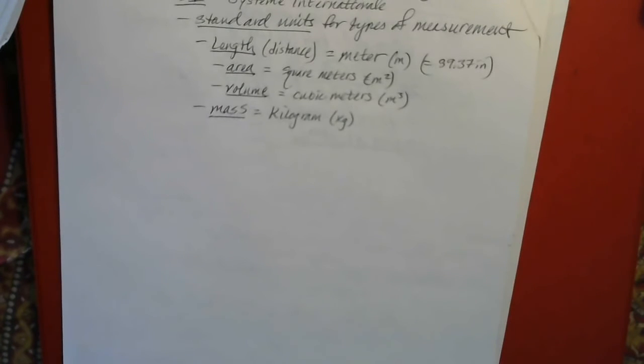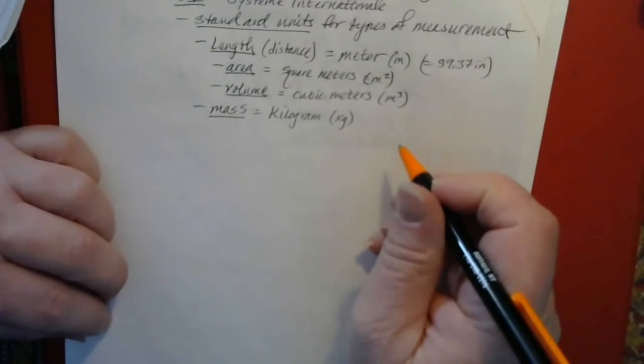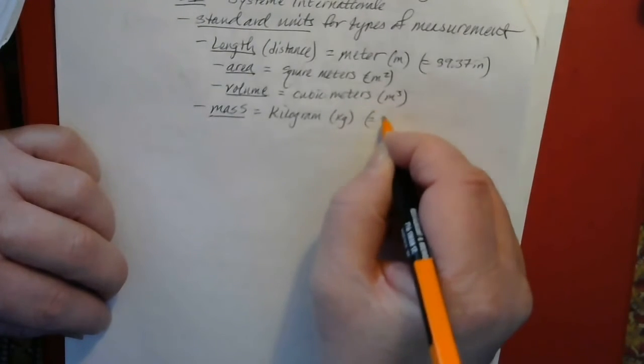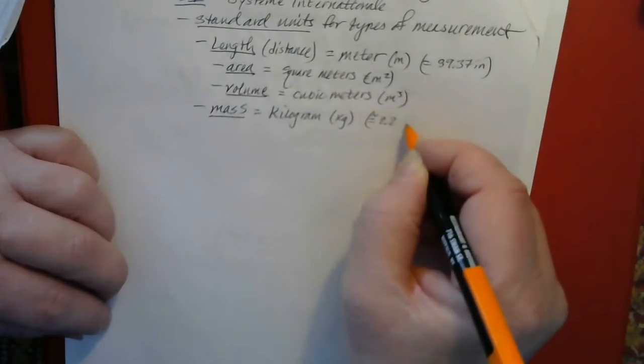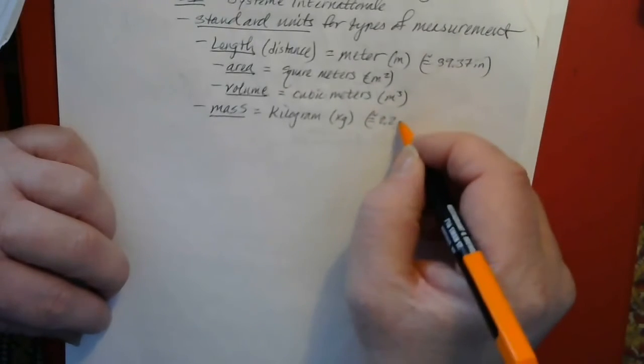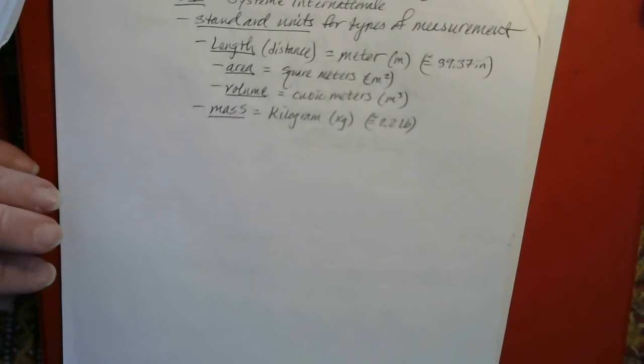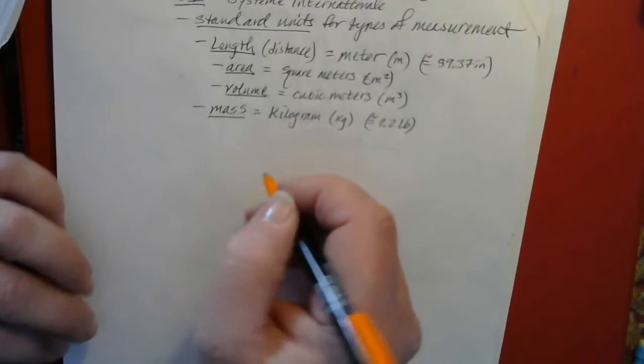It's the only one of the SI units that actually has a prefix already attached to it. Okay, and a kilogram is approximately 2.2 pounds. Or a pound is about half a kilogram.